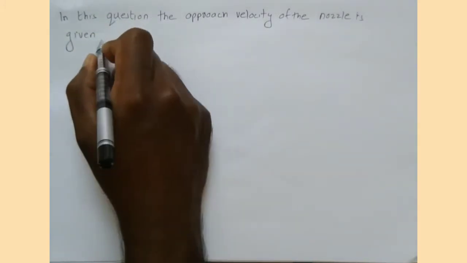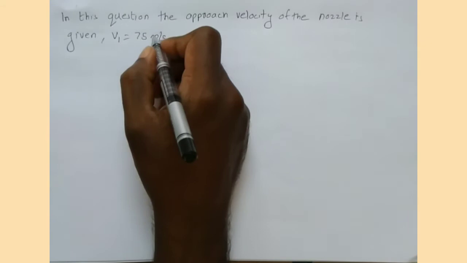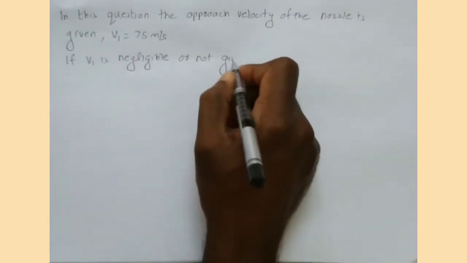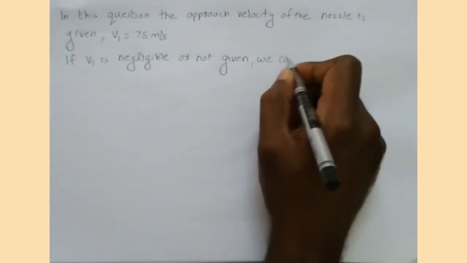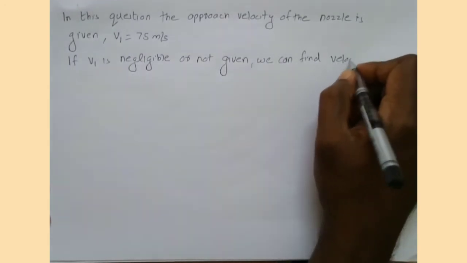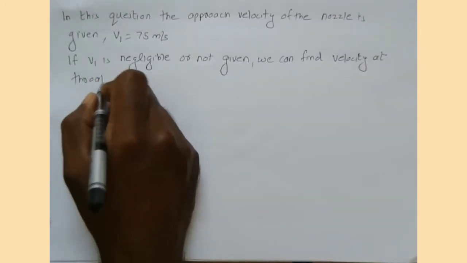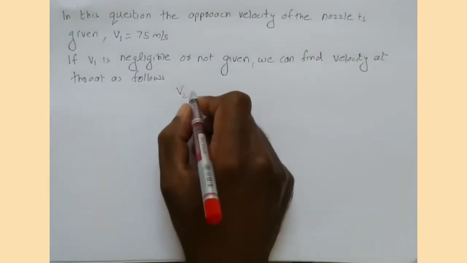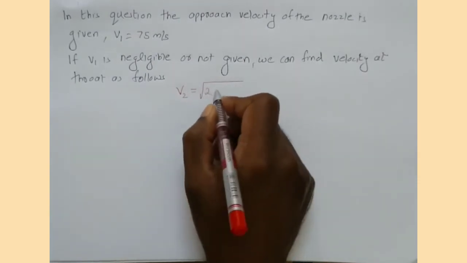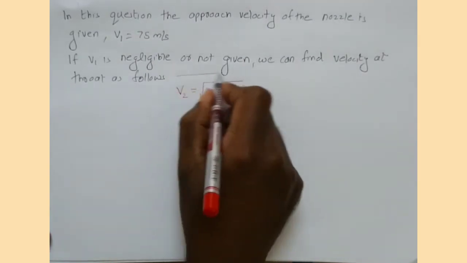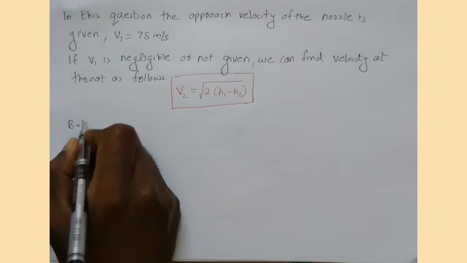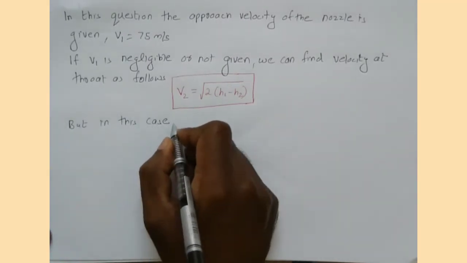If V1 is not given or negligible, we can find the velocity at the throat using the following equation, that is V2 equals root of 2 into h1 minus h2. But in this case, the velocity V1 is given.